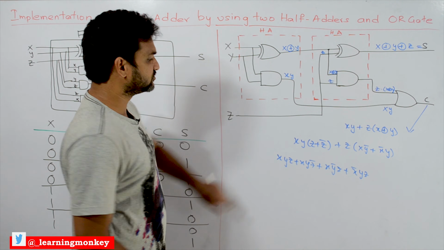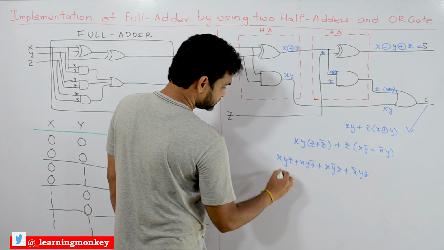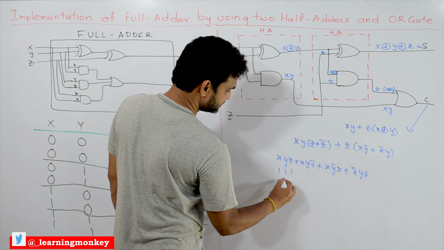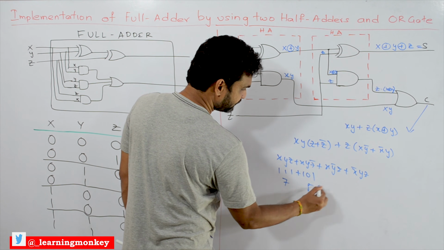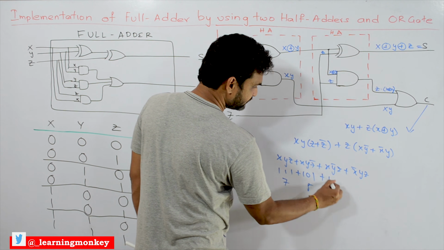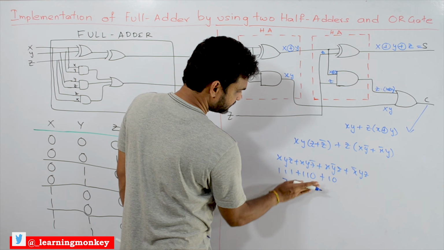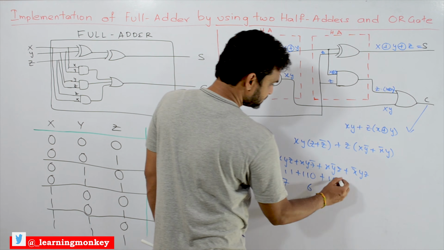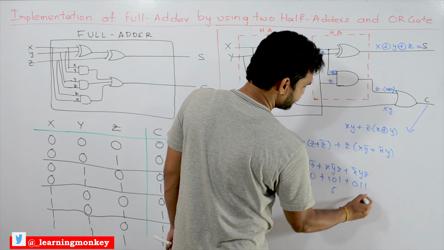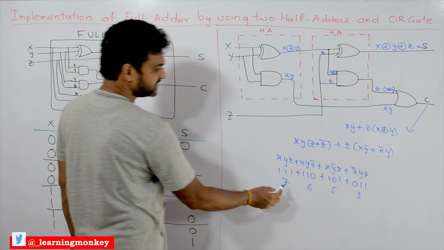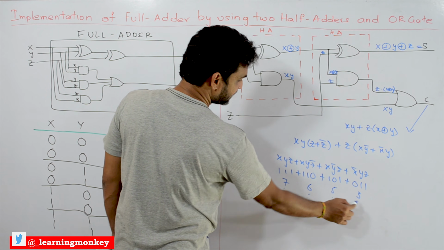If you convert it into min terms, XYZ is 1 1 1, which is 7, XYZ bar is 1 1 0, which is 6, XY bar Z is 1 0 1, which is 5, and X bar YZ is 0 1 1, which is 3. So the min terms where C is true are 7, 6, 5, 3.